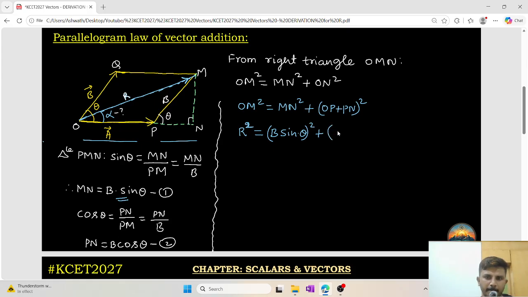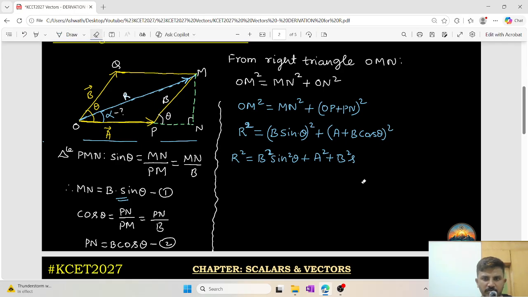OP is A, plus PN is equation number 2, that is B cos theta, whole square. So R square is equal to B square sin square theta plus A plus B cos theta whole square.